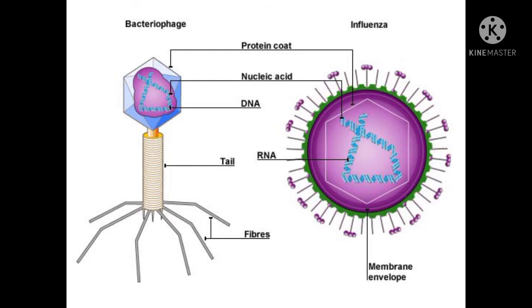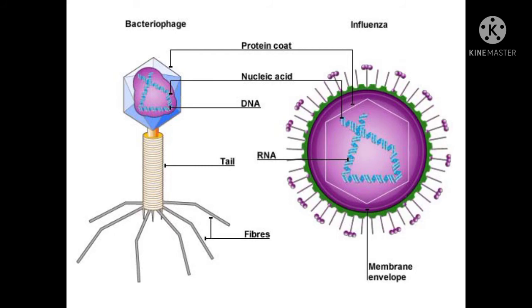This is the structure of the influenza virus. Another one is the membrane envelope, which covers the internal parts, okay, this is the protective layer of it. So this is how the virus looks.